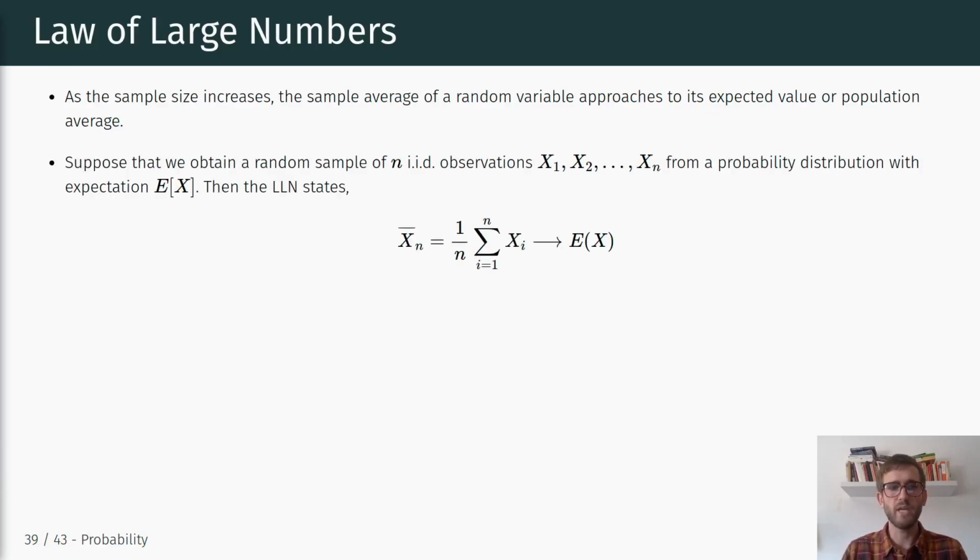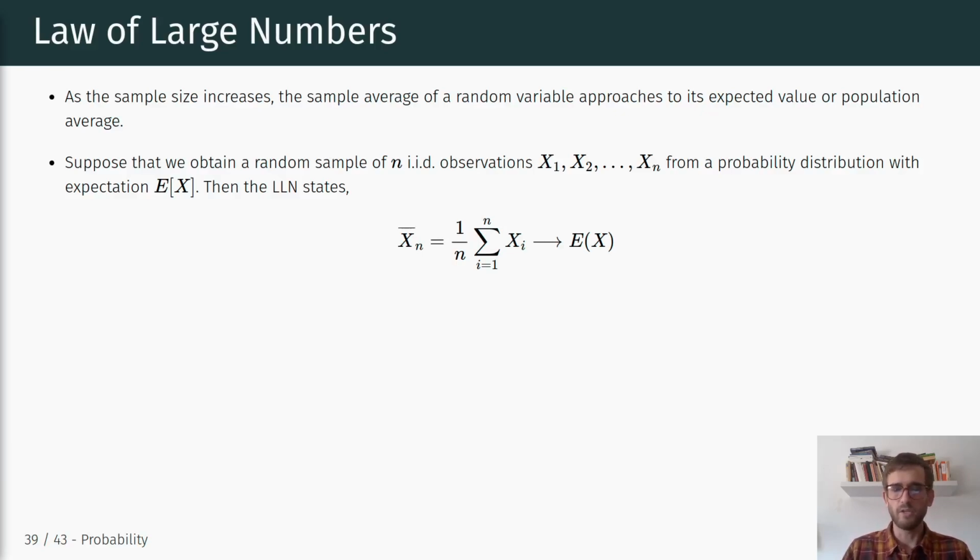So suppose we obtain a random sample of n IID, so independent and identically distributed, observations x1 through xn from a probability distribution with the expectation E of x.